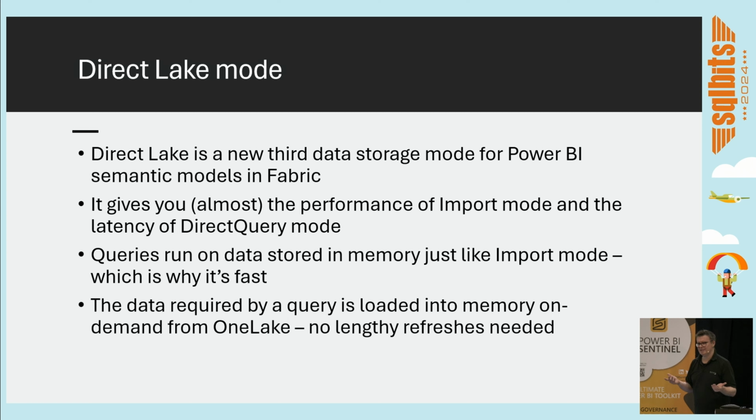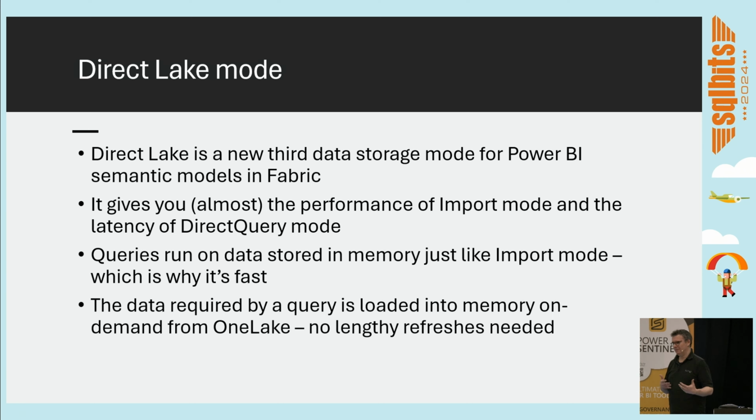Isn't that still going to be slow? Well, no, this is where the other cool stuff happens. Because it's like import mode on demand, but just for the columns you need. Inside OneLake, data is stored in Delta format, which under the covers uses Parquet, which under the covers is a column store format.